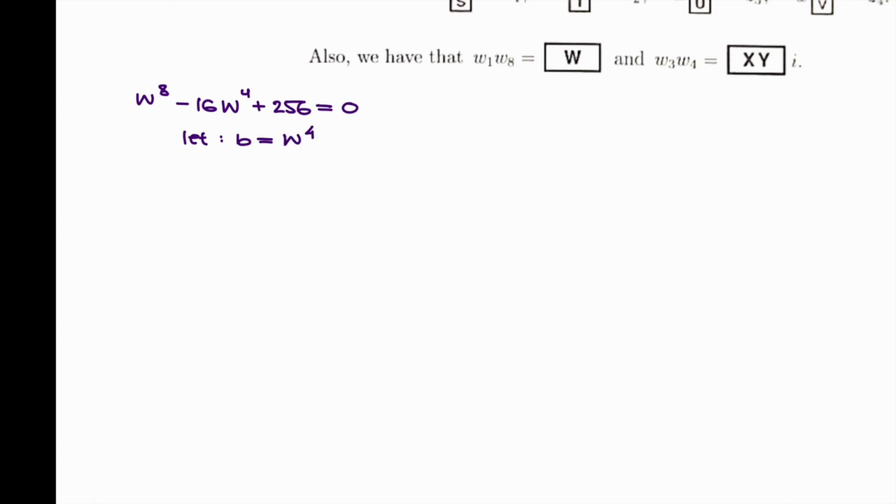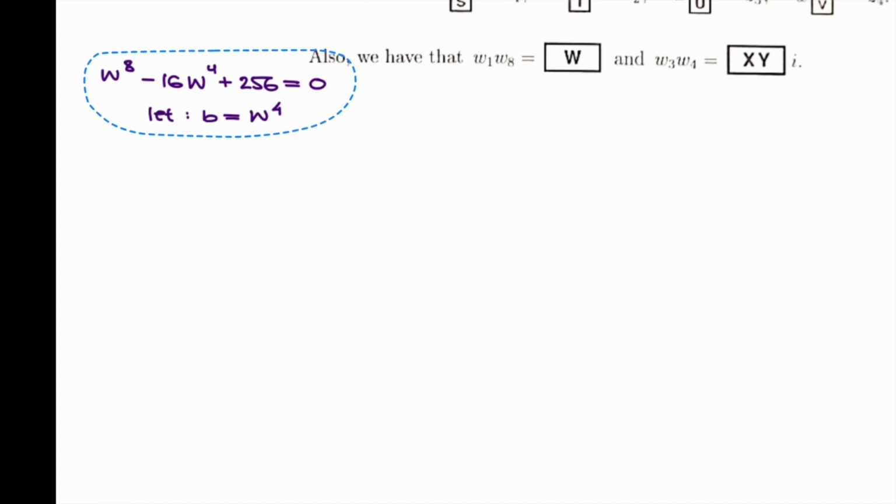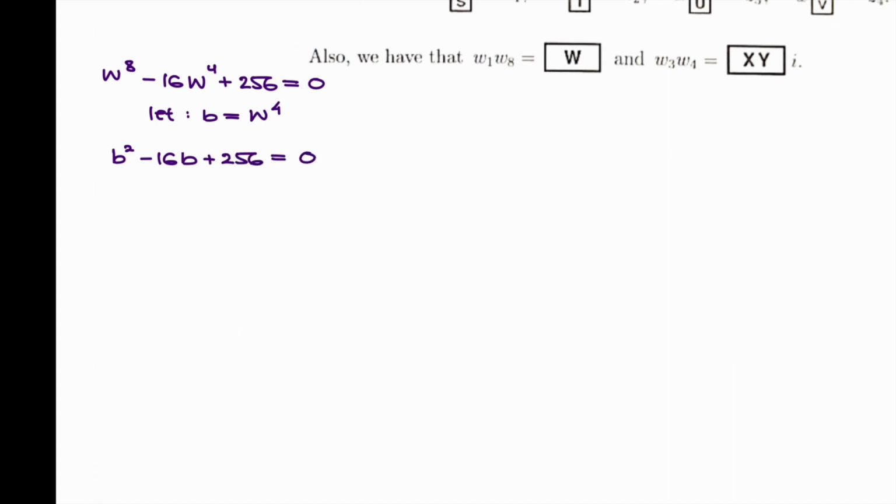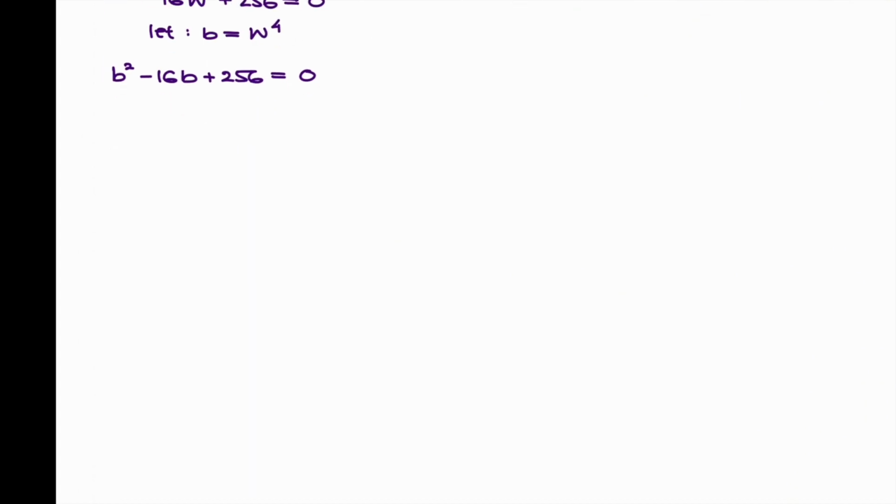That means now my equation can be written as b squared minus 16b plus 256 is equal to 0. I can solve this quadratic equation by using the quadratic formula. Of course, you cannot factorize this equation, so instead of factorization, I will use the quadratic formula.